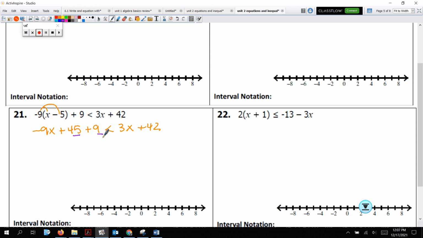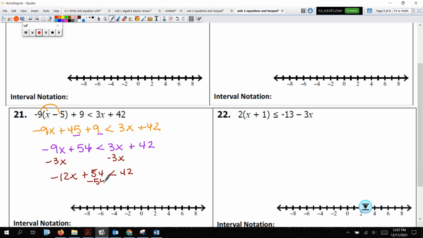Those are like terms. I'm going to bring them together. All right, now I always want to move my variable terms to the left side, so I'm going to subtract 3x. That gives me negative 12x plus 54, ooh, that's ugly stuff, less than 42.